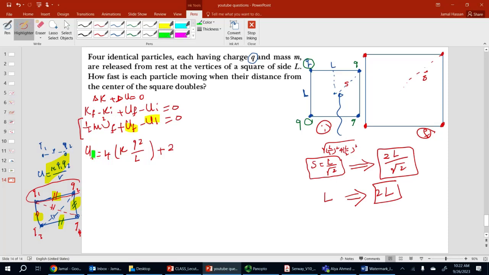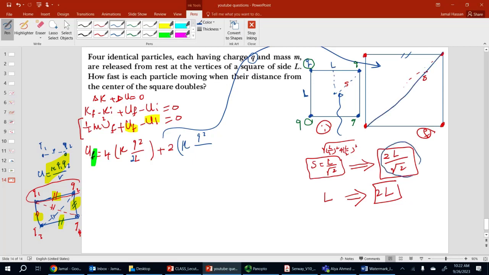Because I deal with the final, so I'm dealing with the large rectangle. So this distance is not L, actually it is 2L, right? 2L. Okay, the 2 diagonal ones are equal to 2 K, Q times Q, Q squared. This diagonal term turns out to be 2L divided by root 2. So it's equal to 2L divided by root 2. Okay?